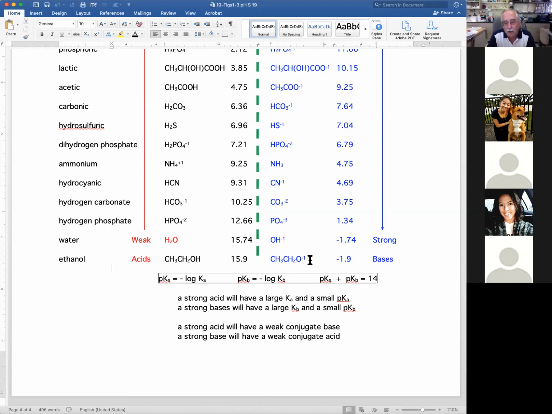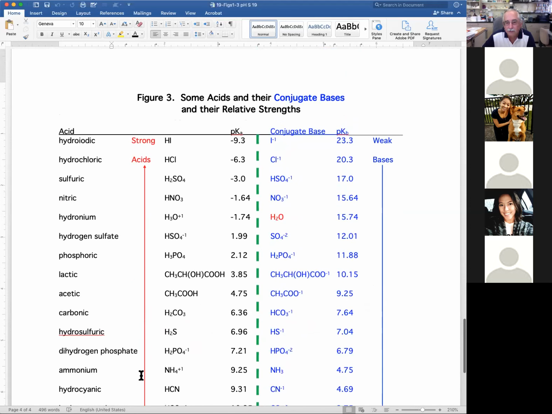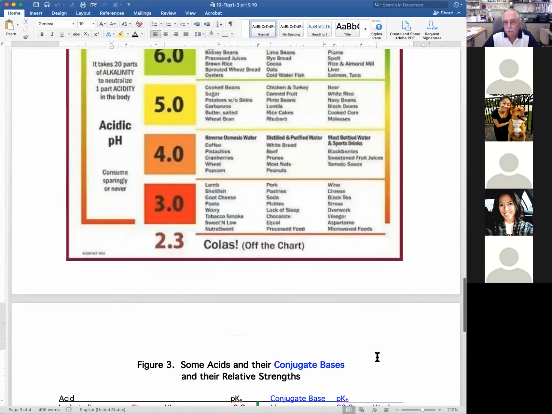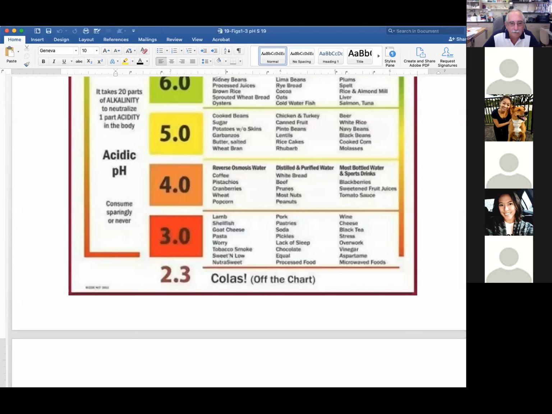So if you have a weak acid, its base is going to be very strong. But most things are in the middle over here, so we just say it's moderate. If you take something like acetic acid, it's a weak or moderate acid. So if it gives up its H plus, it's just as happy to take it back again. So any questions about that?